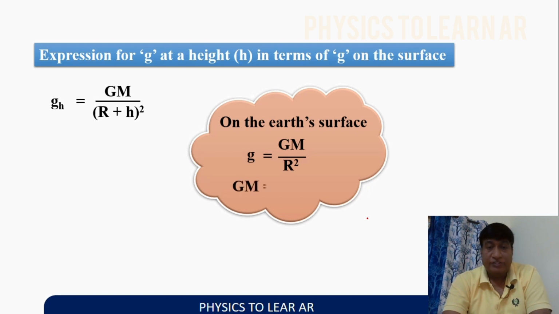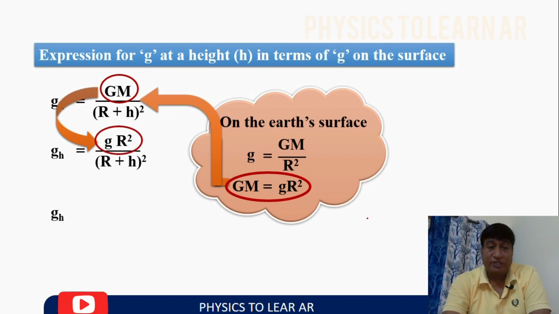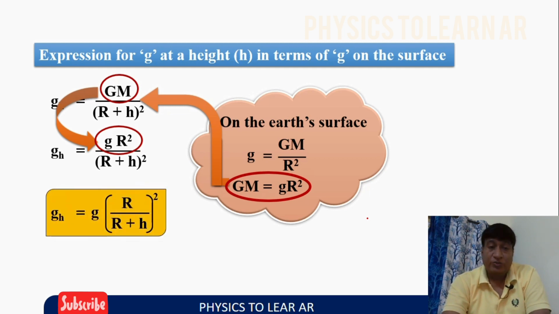On the surface of the earth, we can write it like this. By substituting, G M is equal to g into R square, so I can substitute g_h is equal to g into R square by (R plus h) whole square. This is the same one I have said, and in this manner it can be proved.